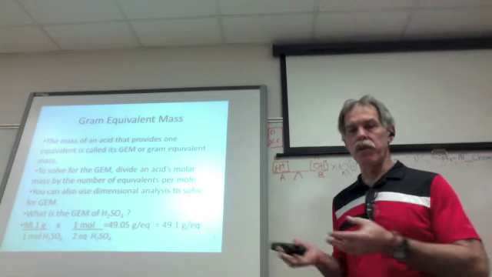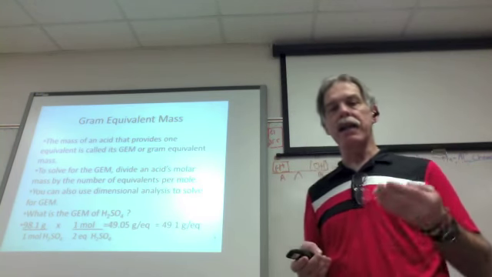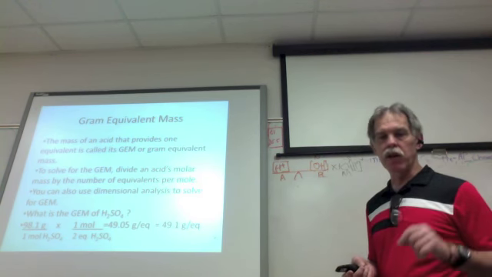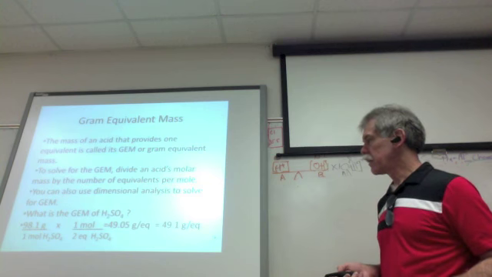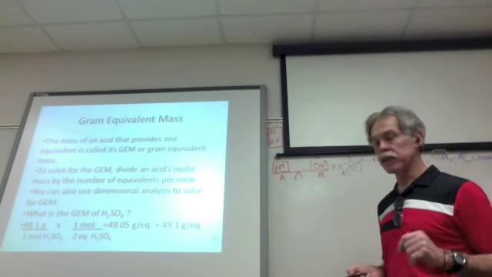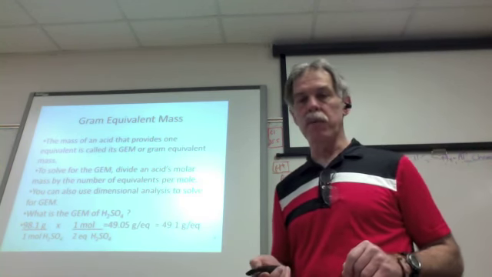Comes out the same way whether you do dimensional analysis or whether you memorize just molar mass divided by the number of equivalents below the H or below the OH. Our final answer on that one, once we've rounded, H2SO4 has 49.1 grams per equivalent. That's the unit for gram equivalent mass.